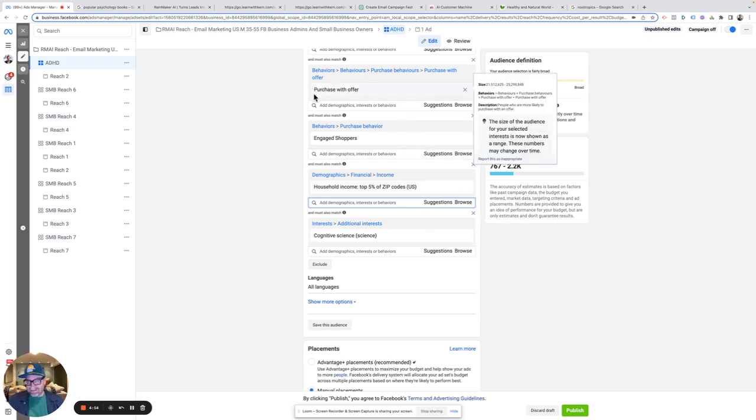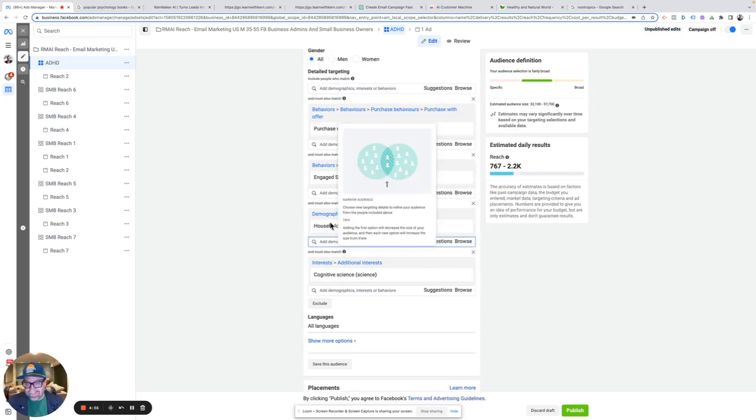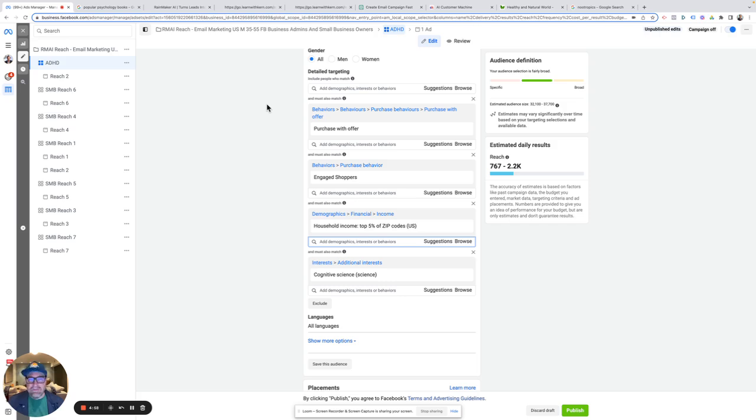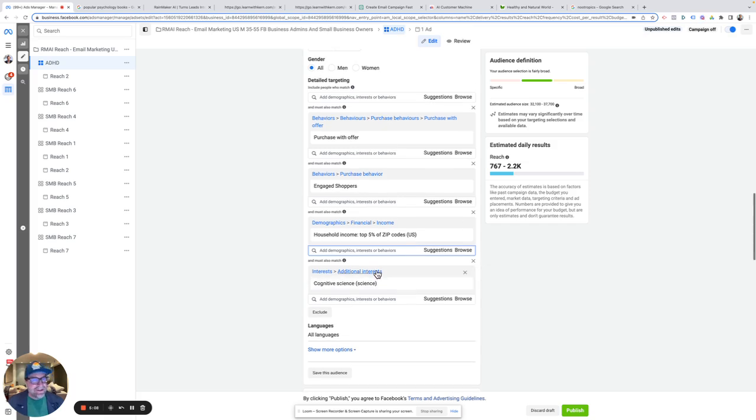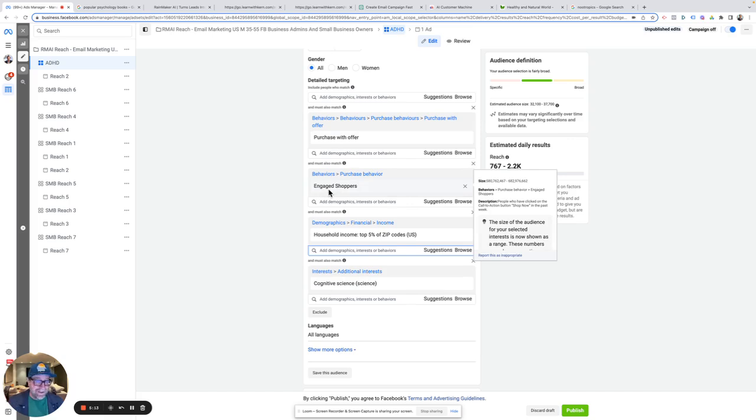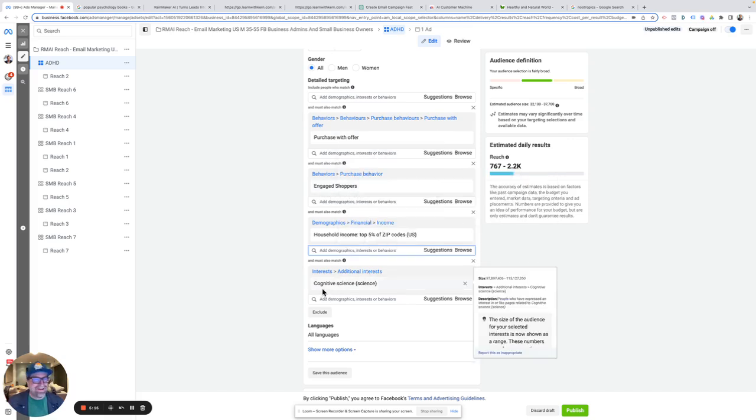You don't necessarily have to go with just buyers. I chose just buyers because I'm thinking this might be selling supplements or something like that, and we want people who are buying right now who have money. But you could just as easily layer interests, like being interested in psychology and cognitive science and the GNC and another vitamin retailer, and a certain author.